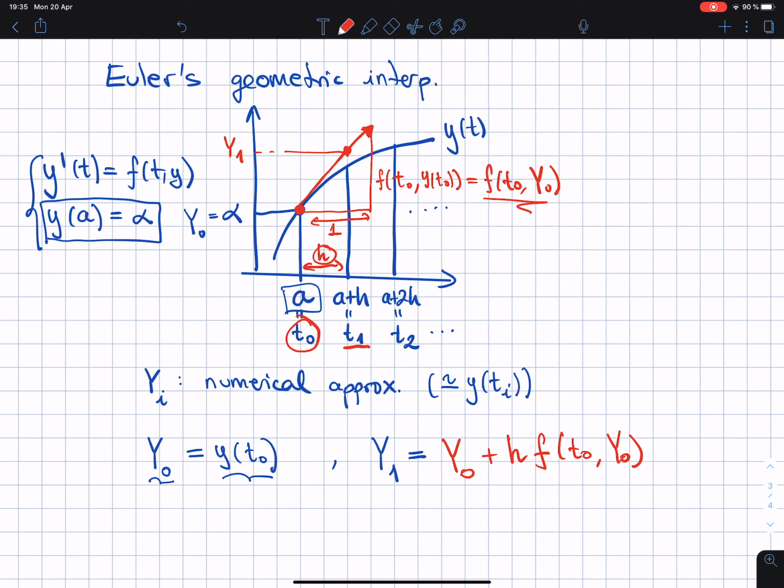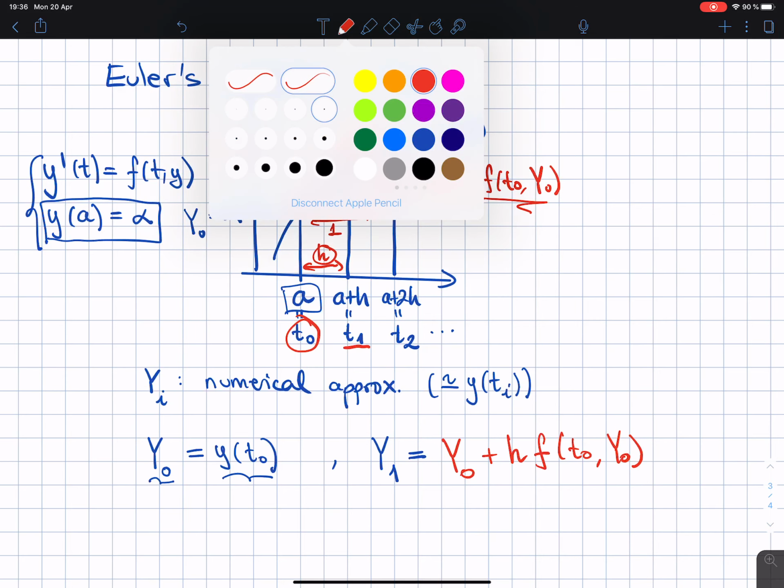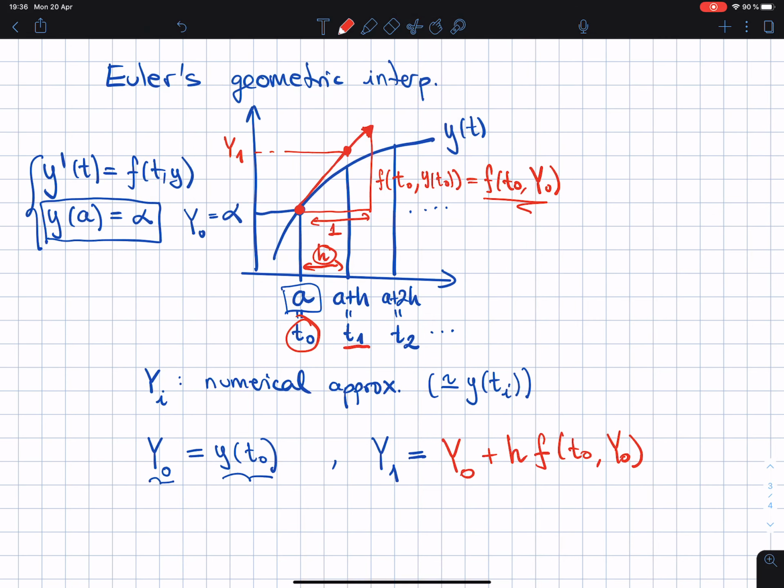Now, how will I compute the next approximation at t2, for example? Well, I will compute here using the ODE the tangent vector at this point, and I will move in that direction up to the next point t2, and this is going to be the value for y2. So this is the geometric interpretation.